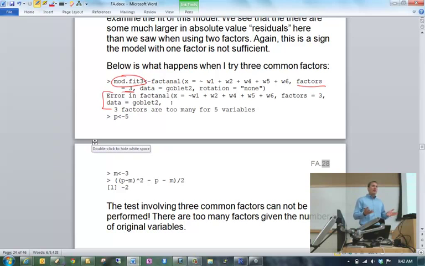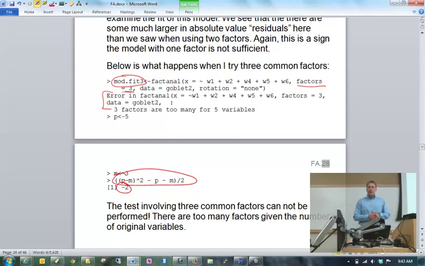And in fact, if you actually look at the corresponding degrees of freedom, I know I didn't necessarily discuss it directly here, but this is the actual formula that one would use to find the degrees of freedom for this test. We get a negative degrees of freedom. Can't work with negative degrees of freedom with the distribution. So because of that, we cannot use 3 common factors. So even if we wanted to use more, we can't.